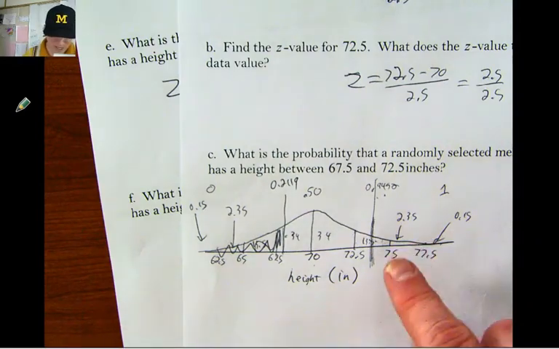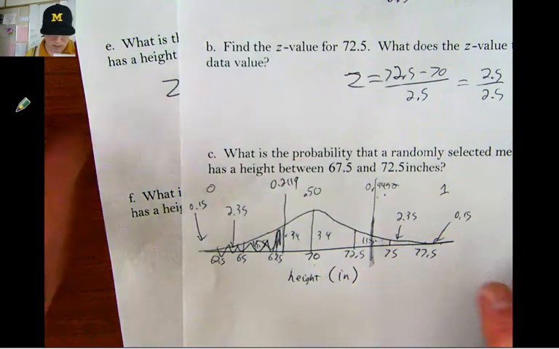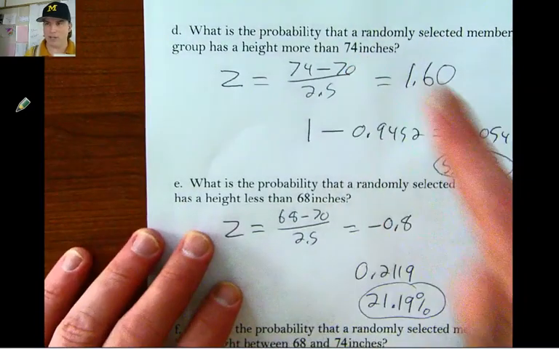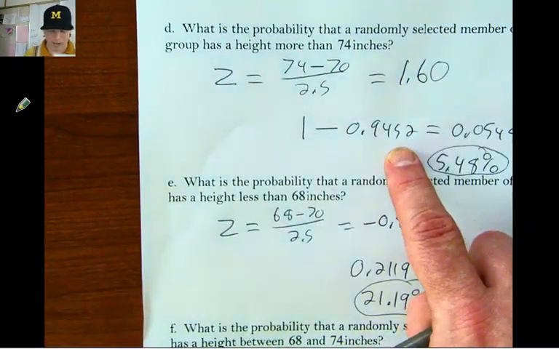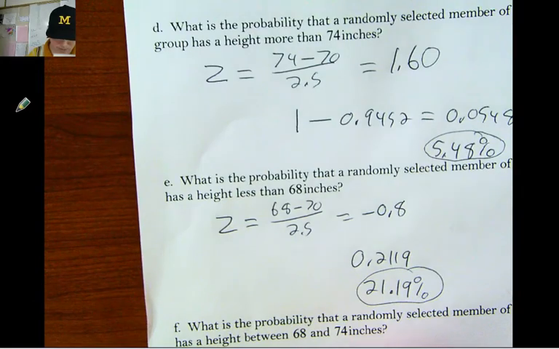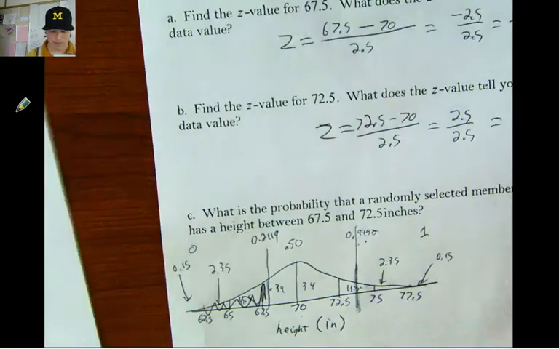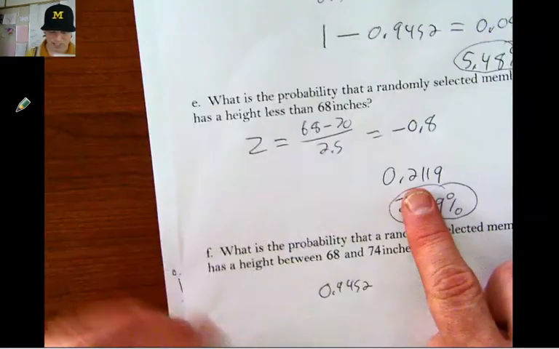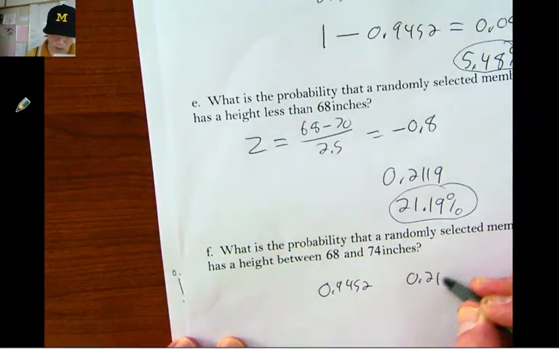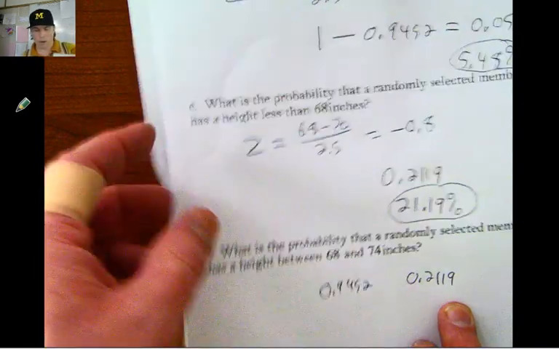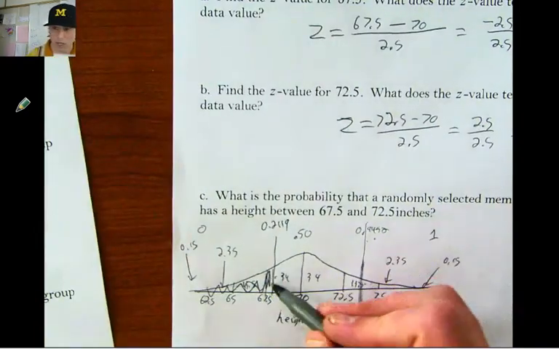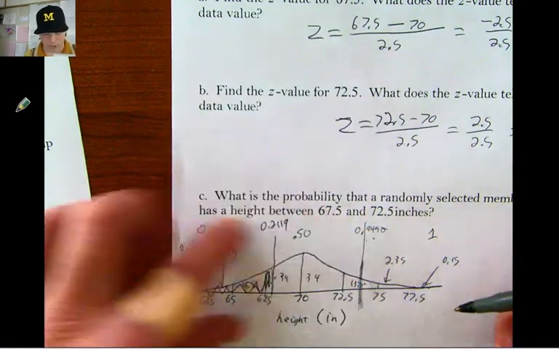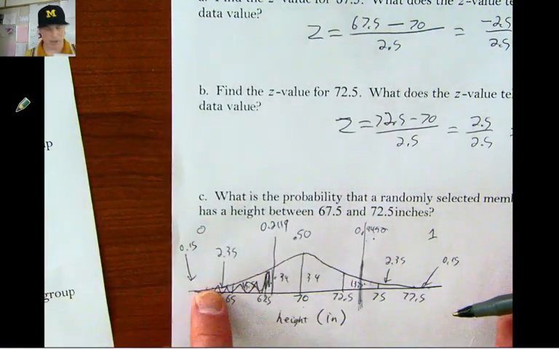Okay, back to this. So in the previous couple problems, when I had 74, 74 represented the 0.9452 from here all the way to here, and then this 0.2119 represented from here to here. So if I wanted the filled in part, I go the entire thing minus the bottom thing.